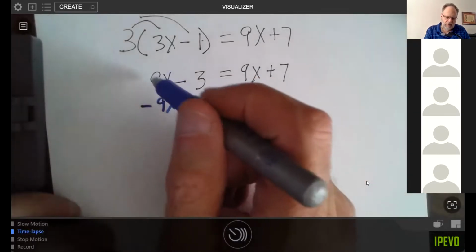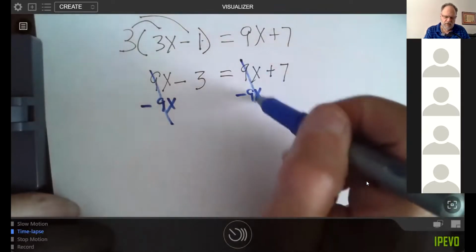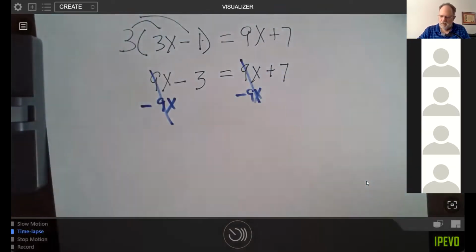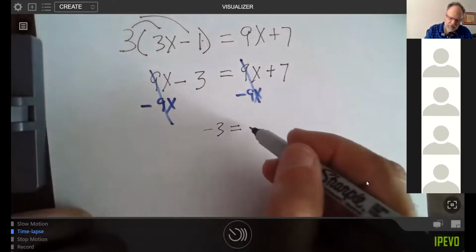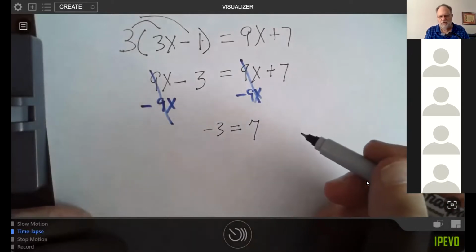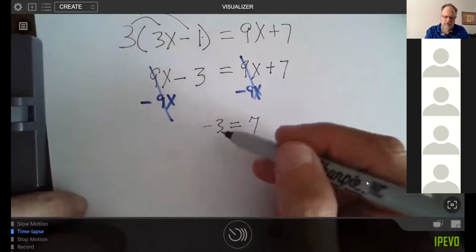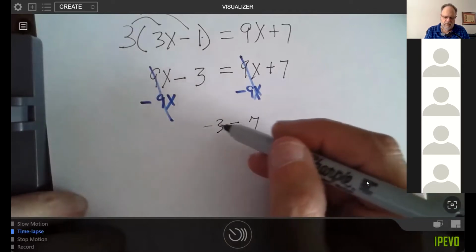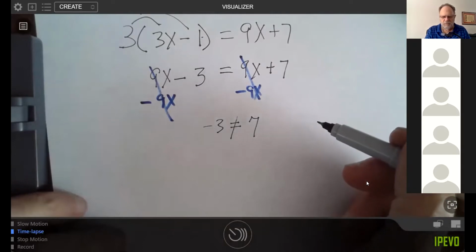Well, 9x minus 9x goes to 0. So we're left with -3 equals 7. Well, does -3 equal 7? Are these two the same? No. They're not. -3 does not equal 7.